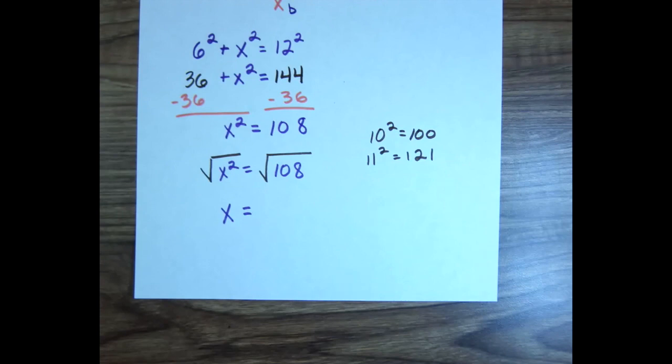Can it be evenly divided by 9? Yes. Can it be evenly divided by 16? Oh, that's right. No. Can it be evenly divided by 25? No. What about 36? Yes.